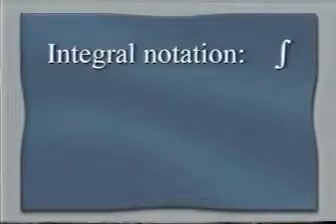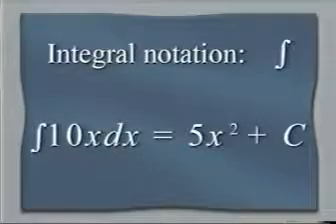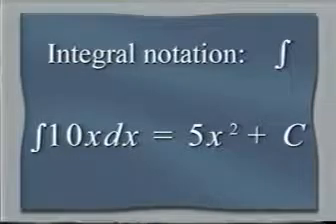And the symbol appeared to be a stretched S. So we would say more correctly in modern symbology, the integral of 10x dx, meaning we're integrating the function 10x with respect to x, equals 5x squared plus c. You might say, well, we know it's 10x, and therefore, what do we need the dx for? Well, quite frankly, in more advanced calculus, we deal with functions of more than one variable.